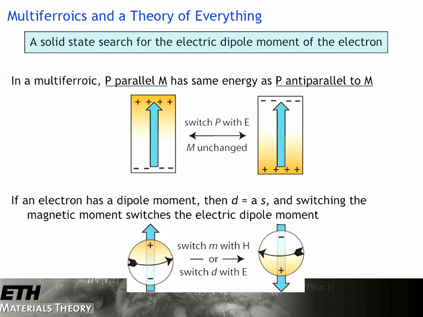They're locked together in an electron because there's only one fundamental quantum number that's determining both properties. So an electron, in fact, is the ideal magnetoelectric. The spin couples the magnetic moment and the electric dipole moment completely, rigorously, like 100% pinned to each other.